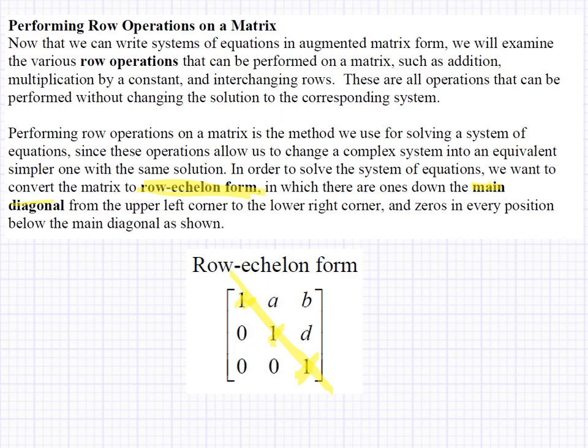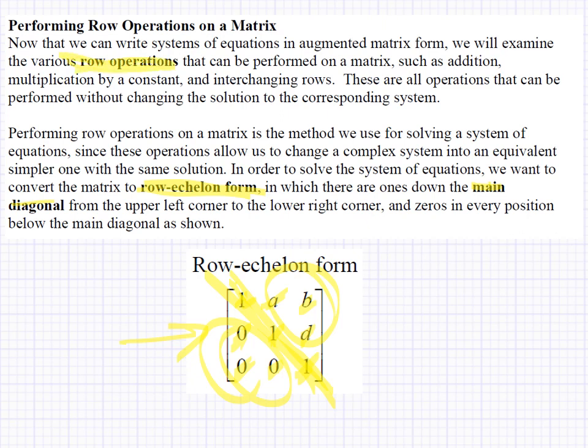There will be zeros below it, and then random values that result above it. So that is called row echelon form.